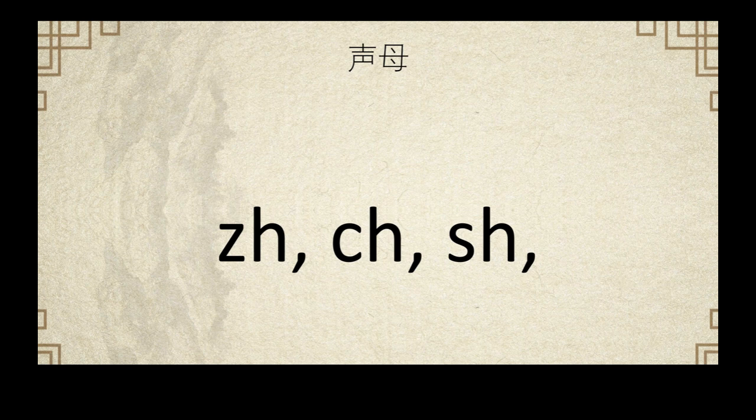Then CH is a fairly straightforward CH, similar to English. SH is also fairly similar to the English pronunciation. But it will take practice and they're quite hard to say together.